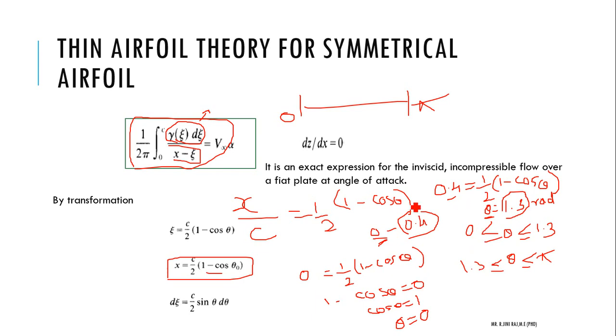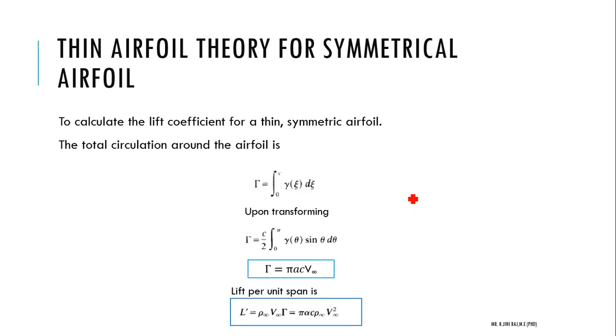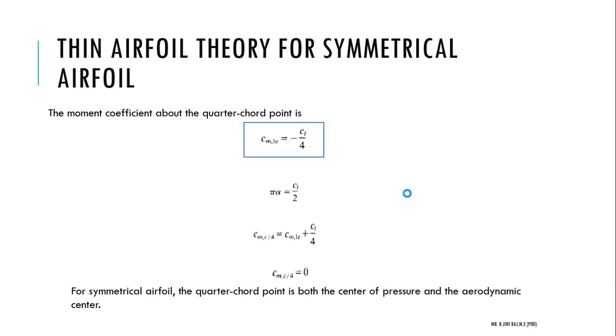Here also they have given 0 to 1, that means x by c between 0 to 1. While transforming in the form of theta, we found that the limit is between 0 to pi. The chord will be lying between 0 to pi. So now we can proceed to the problem. This is the initial way to solve this problem.